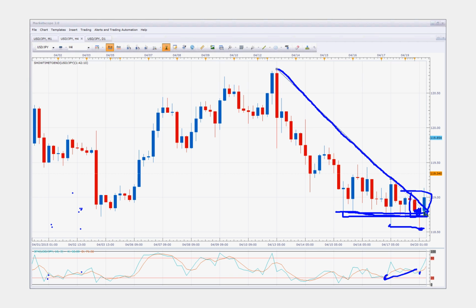See, it's like price is in the void and a clear breakout. The probability that the price will continue is more than likely to happen.